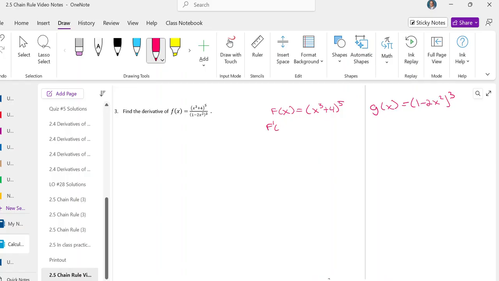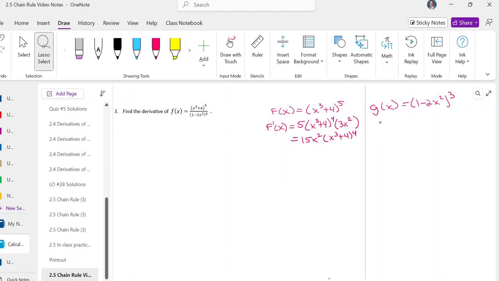So this means the derivative here would be 5 times (x to the third plus 4) to the fourth power times the derivative of what's inside, which is 3x squared. So basically you would have 15x squared times (x to the third plus 4) to the fourth power.